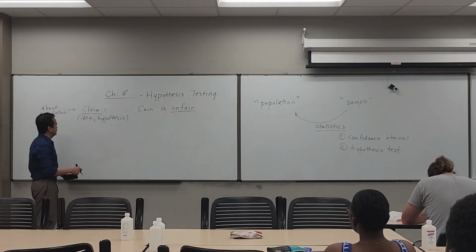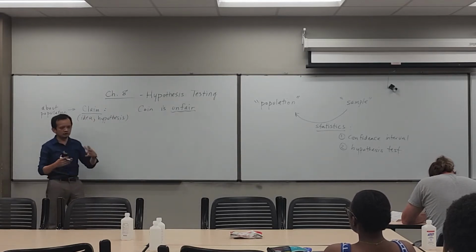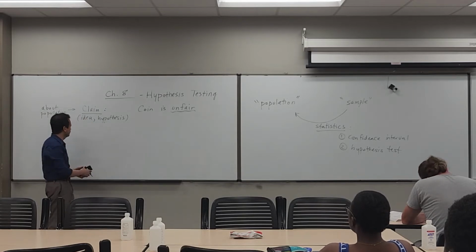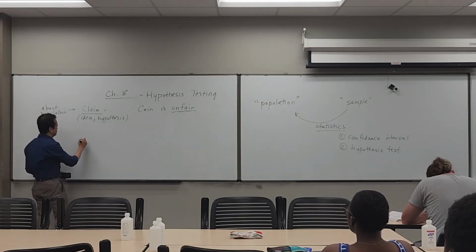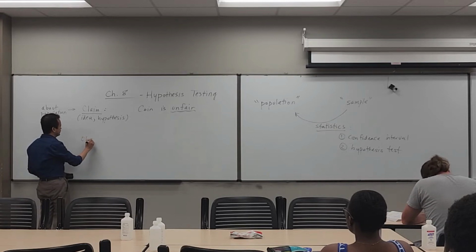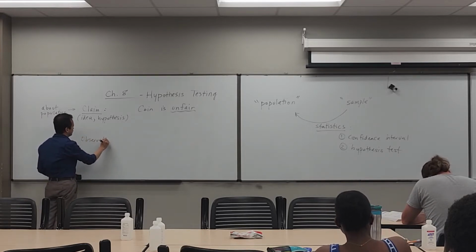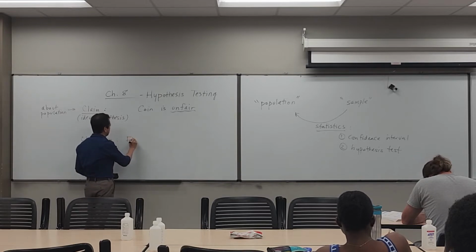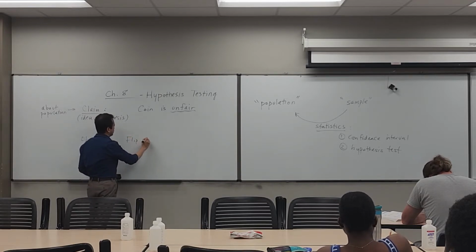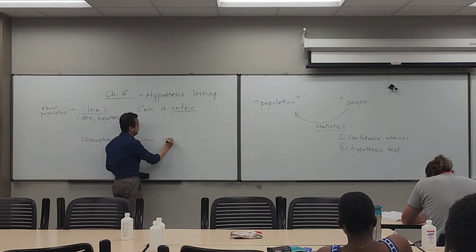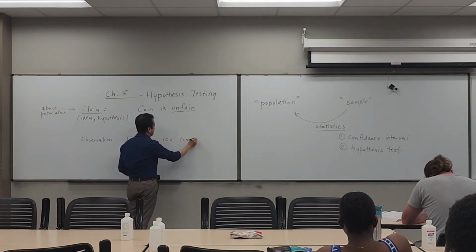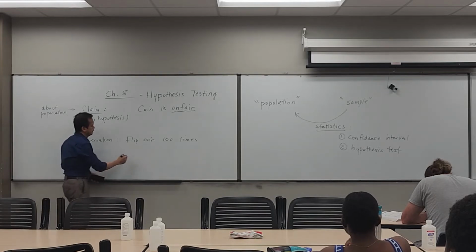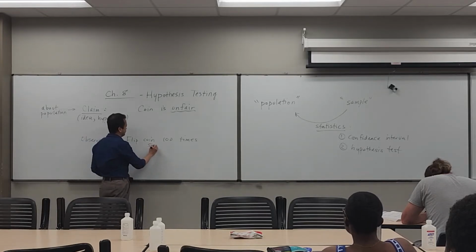So let's say that we already said that 10 coin flips was not enough, but let's say that we do 100 coin flips. So we're going to call this the observation. So we're going to observe after flipping the coin 100 times. Let's say that we observe 55 heads.